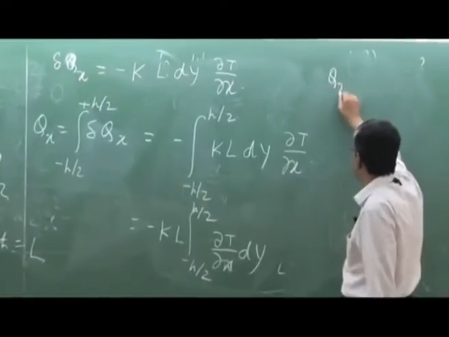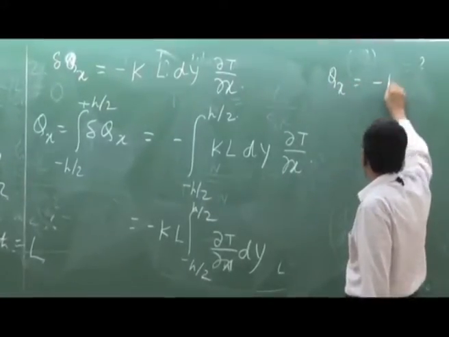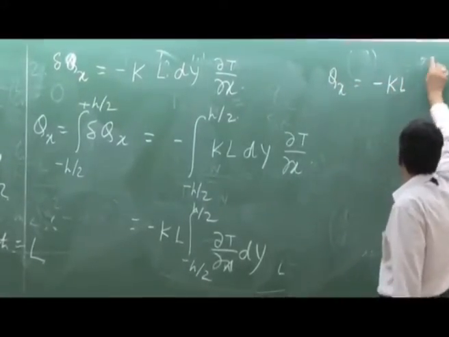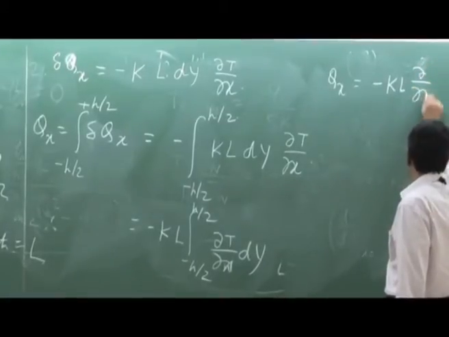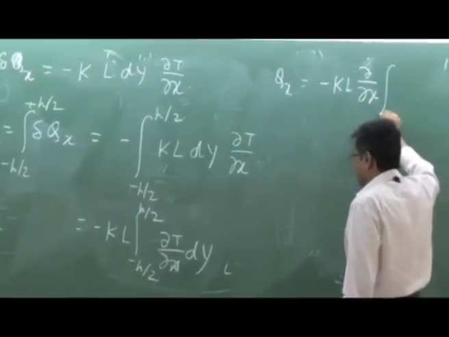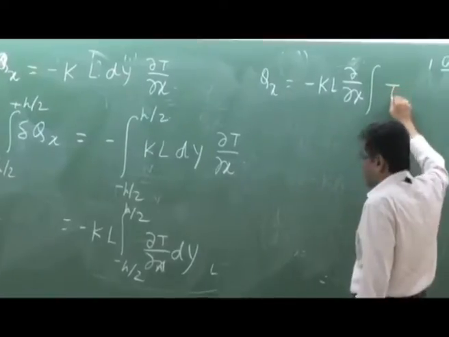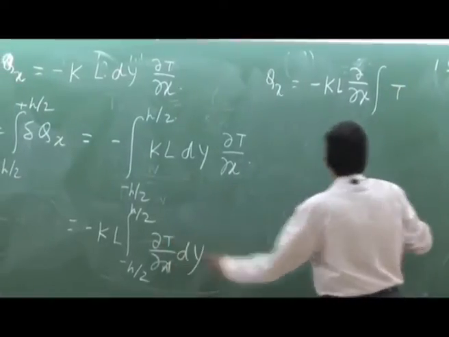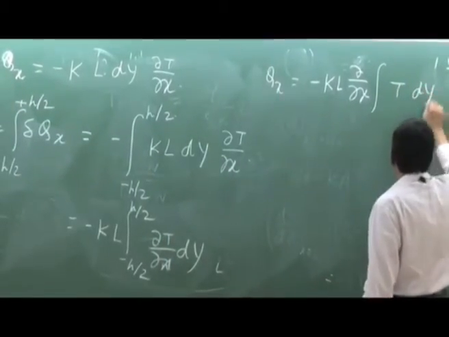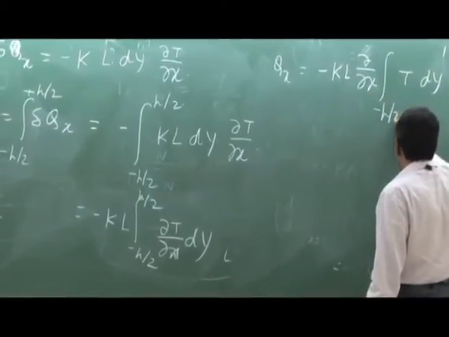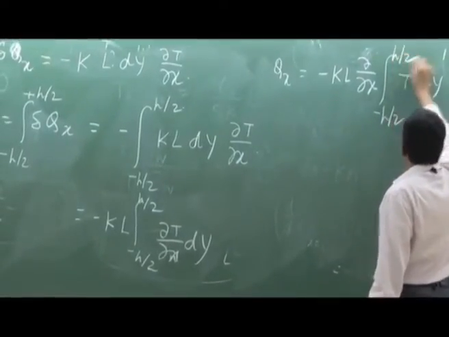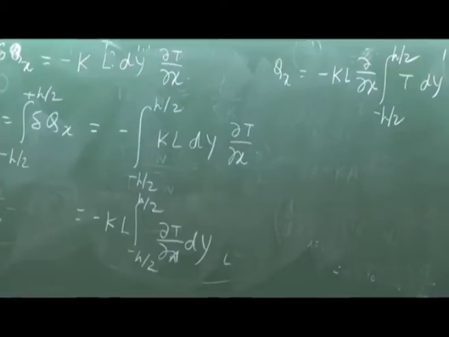That means Qx is equal to minus K L del x of integration of T dy from minus h by 2 to plus h by 2. This is nothing but a mean temperature.